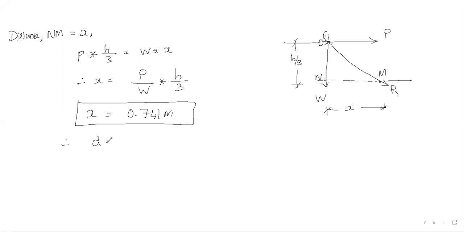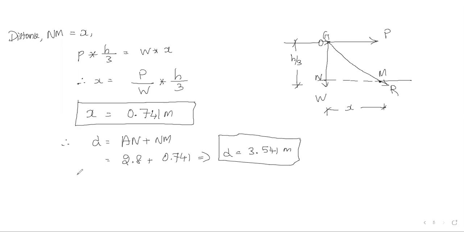Therefore, D is equal to AN plus NM. AN value is 2.8 meters plus NM value 0.741. By adding this, we get the value of 3.541 meter. So D is equal to 3.541 meter. Therefore, eccentricity E is equal to D minus B by 2.